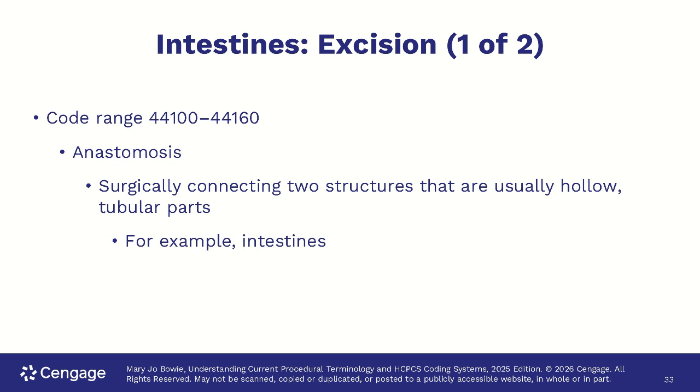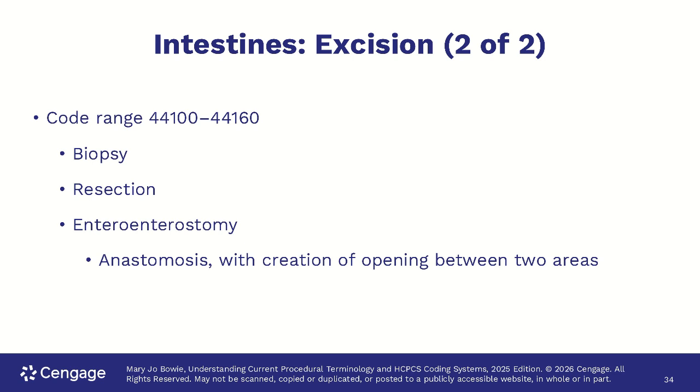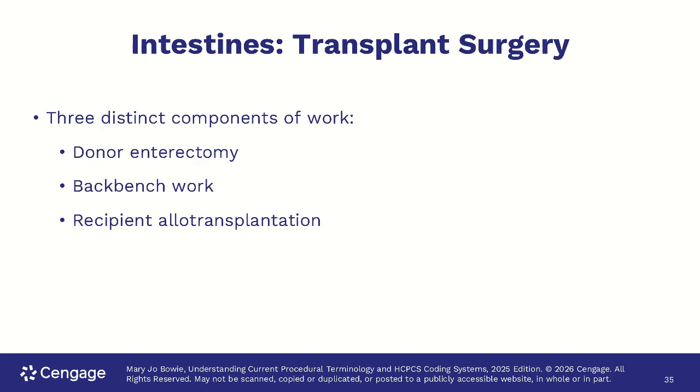An example of a tubular body part is the intestine. So over in this area, you see biopsy codes, you see incision, you see resection, and of course, you're going to see more anastomoses procedures.